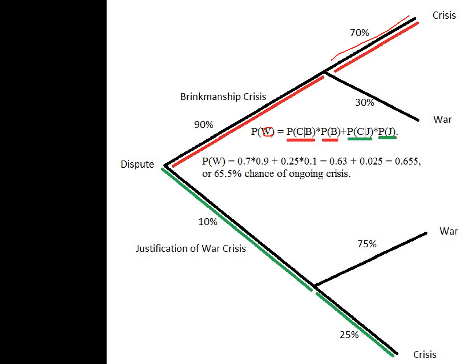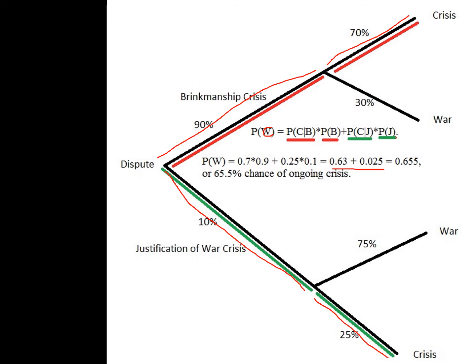So it's going to be 0.7, which is the likelihood that a brinkmanship crisis turns into a crisis, times 0.9, which is the probability of a brinkmanship crisis, plus 25%, which is the frequency with which a justification of war crisis becomes a crisis, times 10%, which is the frequency of a justification of war crisis.